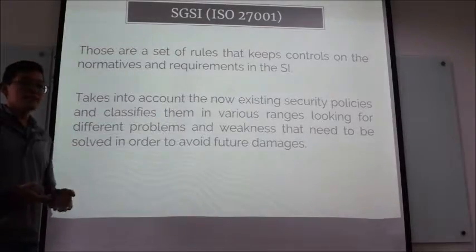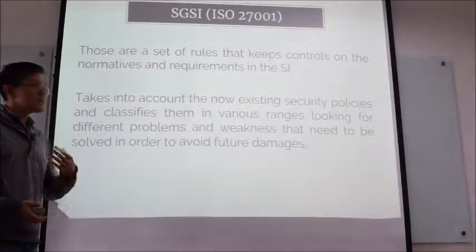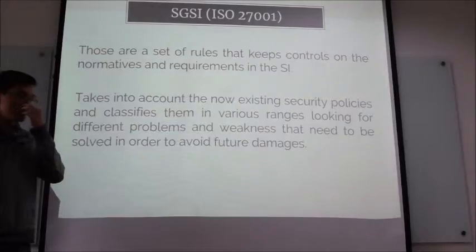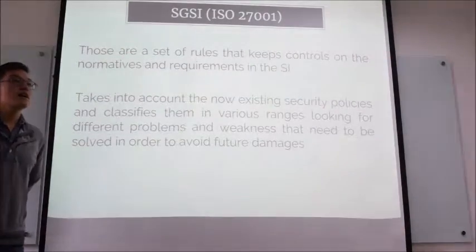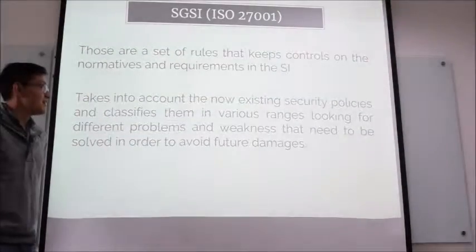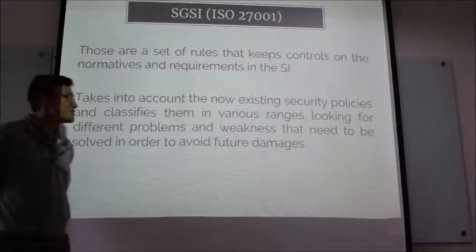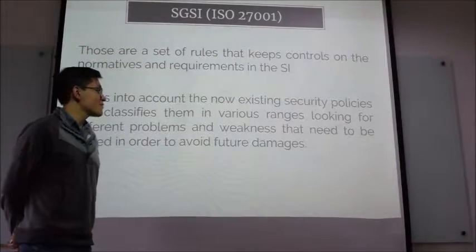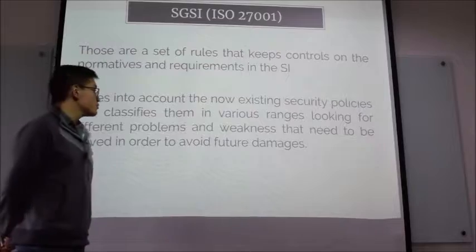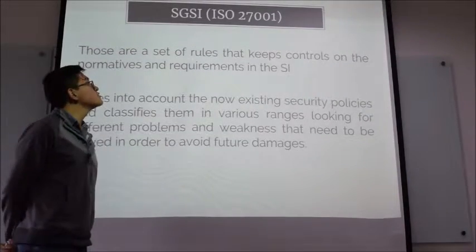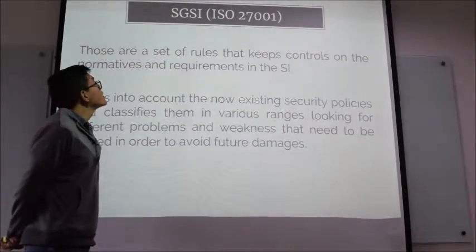It takes them and classifies them in various ranges. Those levels are used to search for weakness and to avoid future damages to the system and the library itself.